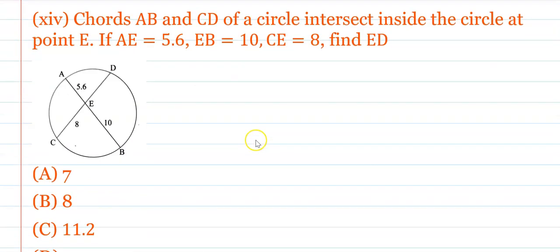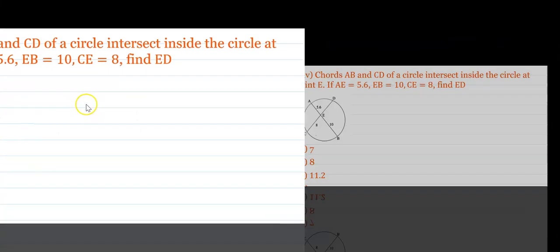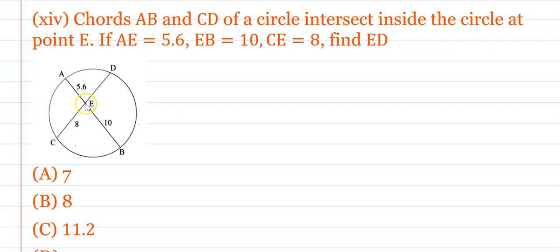Okay, now the next. Chords AB and CD of a circle intersect inside the circle at point E. AE is equal to 5.6, EB is equal to 10, CE is equal to 8. Then what about ED? When chords intersect in the interior of the circle, then AE into EB is equal to CE into ED.